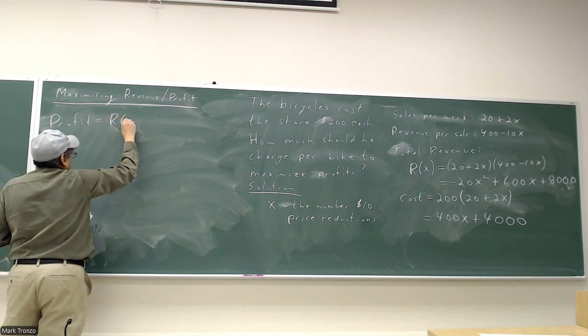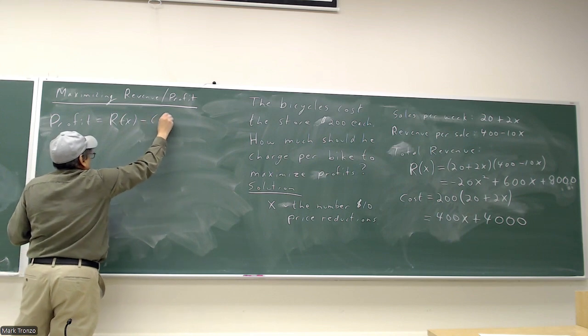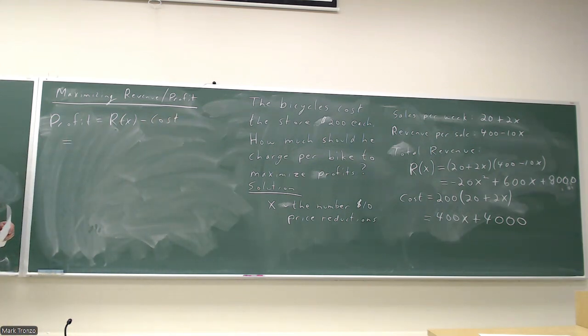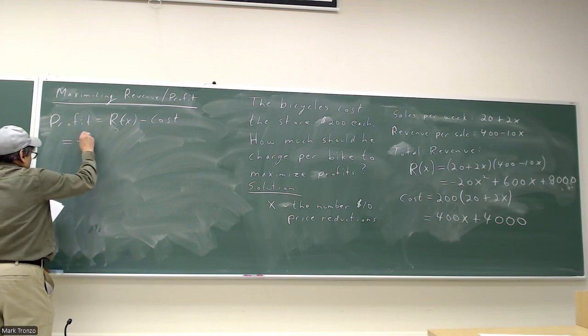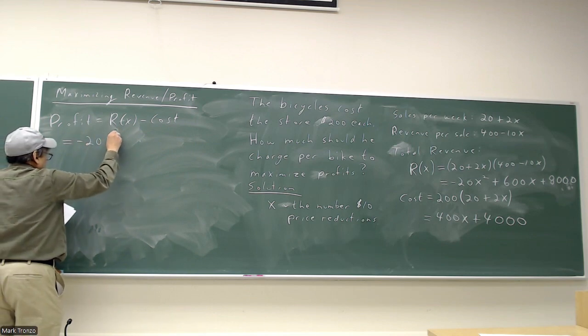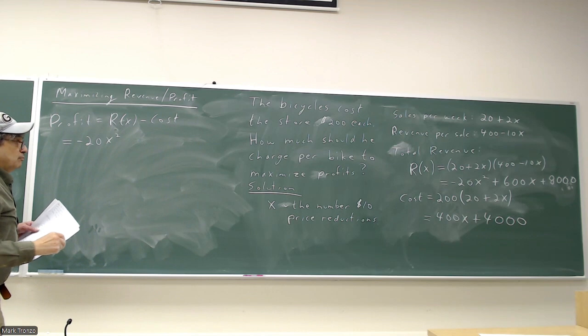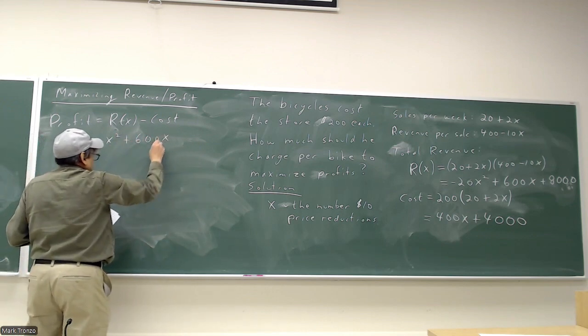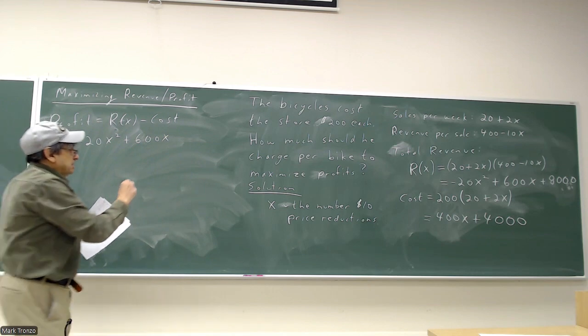And I call it the revenue R minus the cost. And that's the revenue. So substitute everything. And that's going to be minus 20x squared plus 600x plus 8,000.